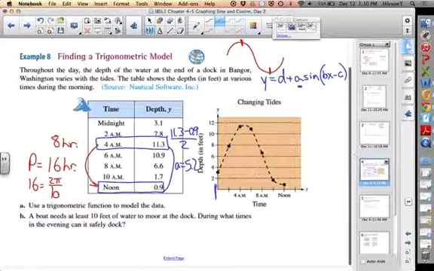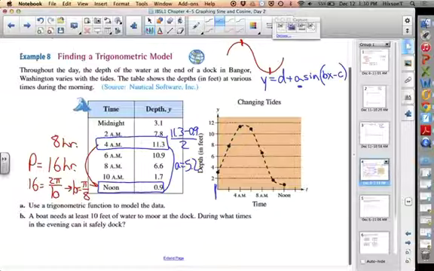If you solve this, you multiply by B, you have 16B equals 2 pi, you divide, and you get B equal to pi over 8. Does that make sense to everybody? Yep. Some are kind of drifting, so make sure you pay attention.